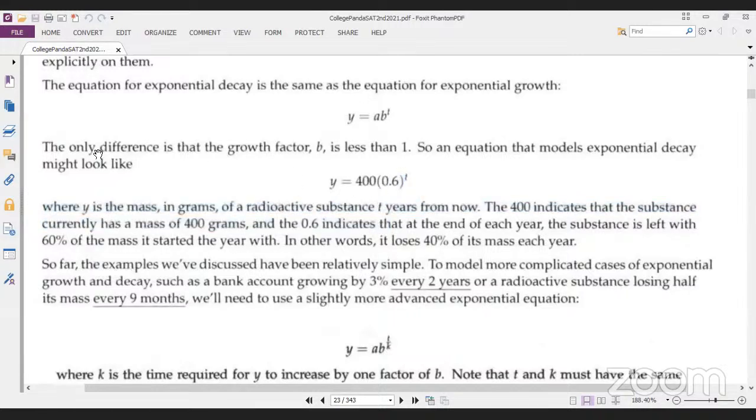Here the original or initial value is 400. The base is less than 1, 0.6, so it is decreasing. Decreasing by what percent? 1 minus 0.6 is 0.4, times 100, decreasing by 40%. Decay.